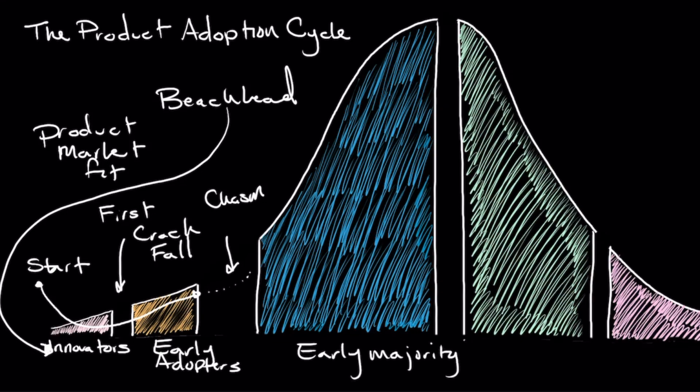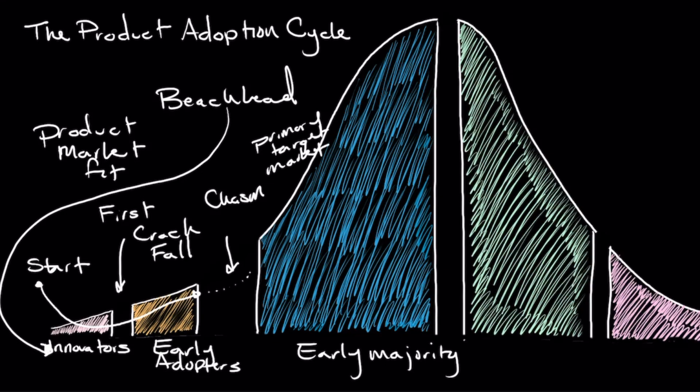And this is the most difficult thing for a business to get over. It's extremely challenging to do because this is where we're getting from a solid group of people that really love what we do to being able to reach our primary target market.